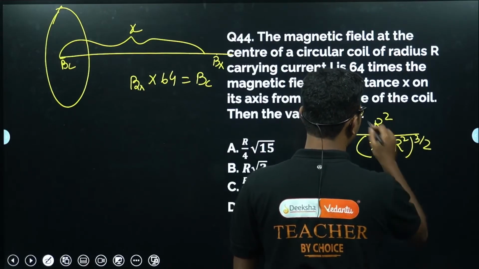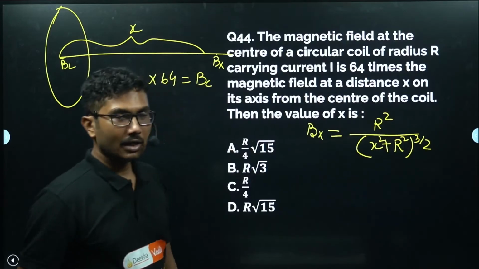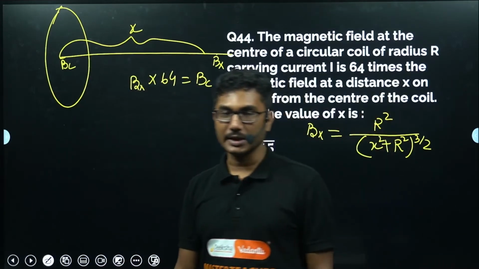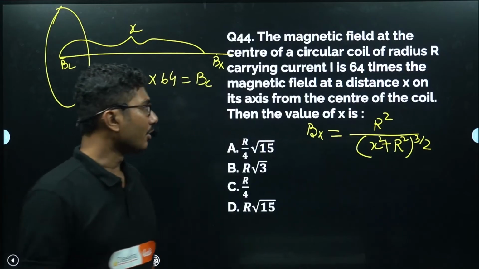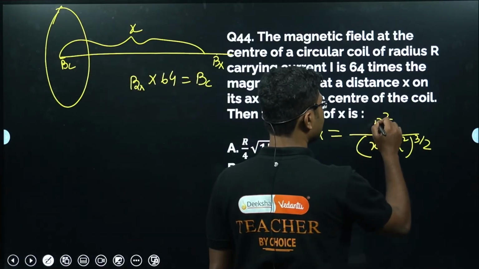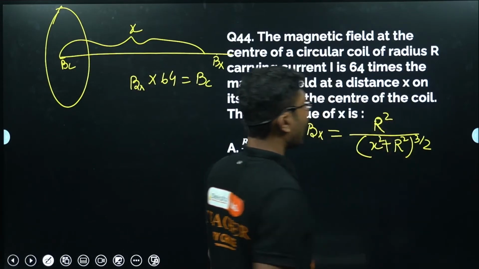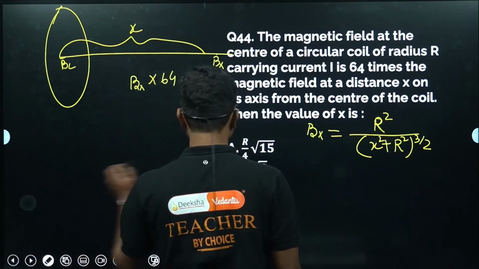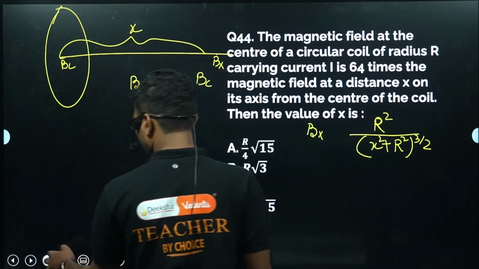You don't need to remember what is mu naught I there. If any other constant is there, 2 pi is there, 4 pi is there, they will all cancel. So, the only thing you need to remember is what the variables are and how they are related. So, Bx is basically proportional to this value, right.